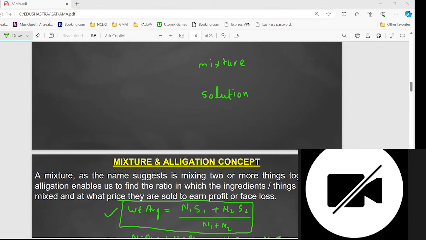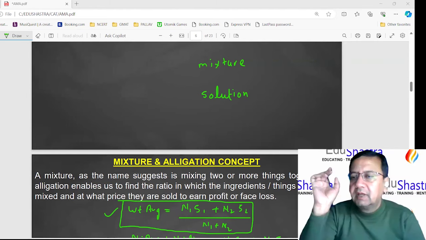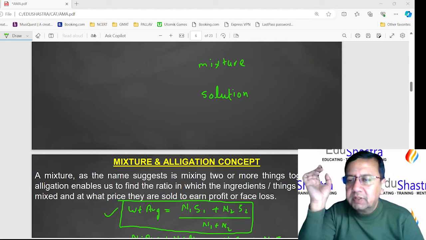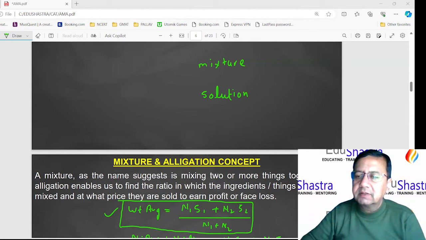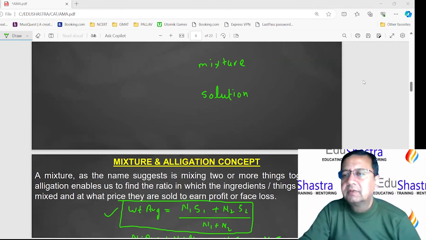Yes, yes. Okay. And Manaswini is saying that in a mixture the individual properties of the components are retained. Shiraz is saying a mixture is a combination of both, but the components of the mixture will retain their individual properties.